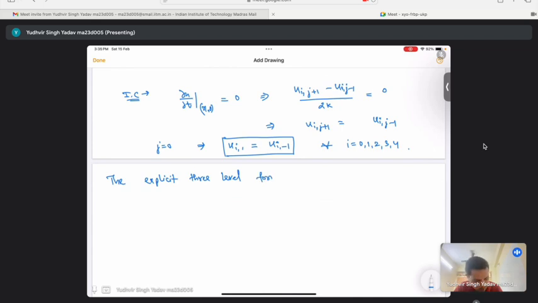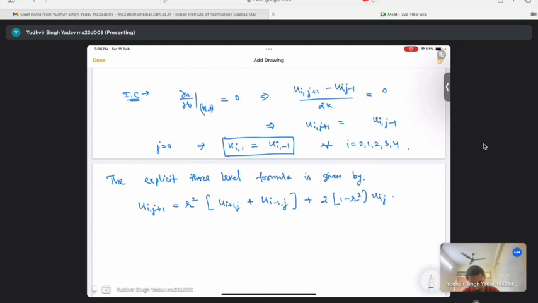As we have seen earlier, it is u(i,j+1) equals r square times u(i+1,j) plus u(i-1,j), plus twice of 1 minus r square times u(i,j), minus u(i,j-1).